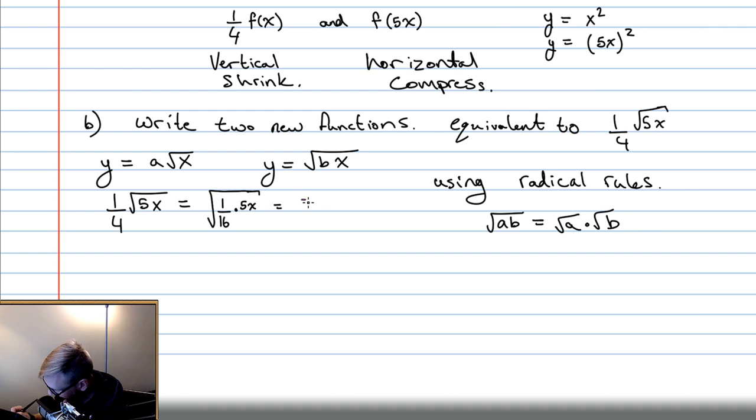So we get the square root of 5x over 16. That's equivalent. So that was this version. And what about taking the 5 out? Same thing. Square root of 5 over 4 times the square root of x. This is our a, and it's a constant. We're done.